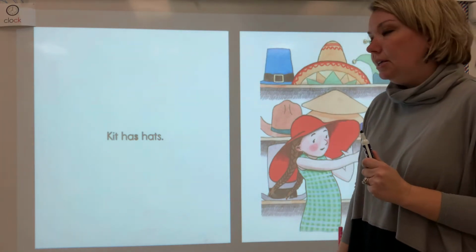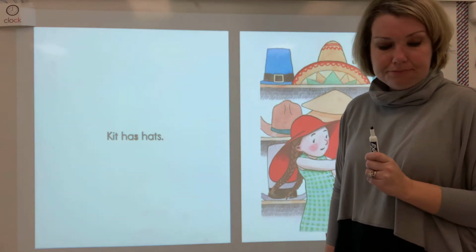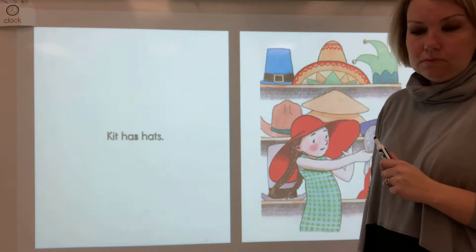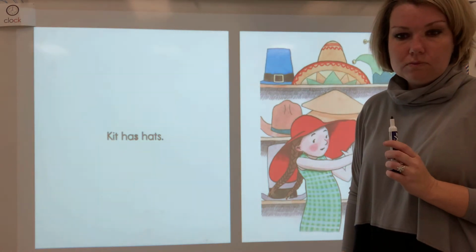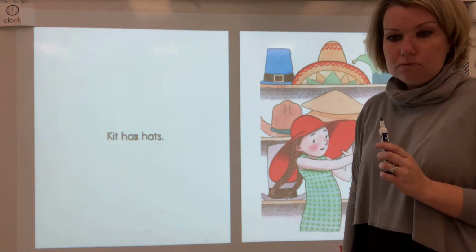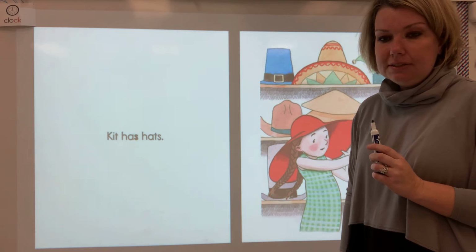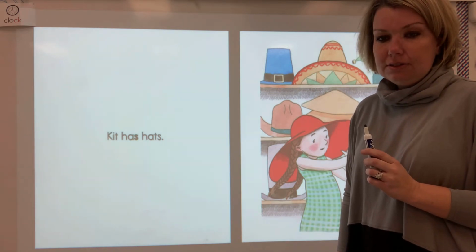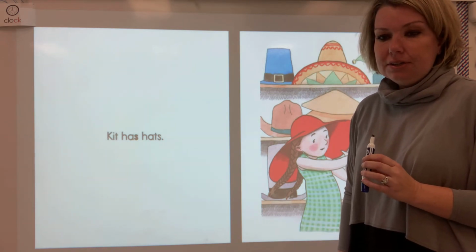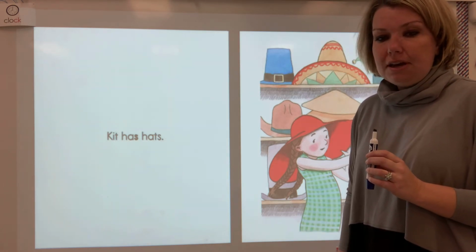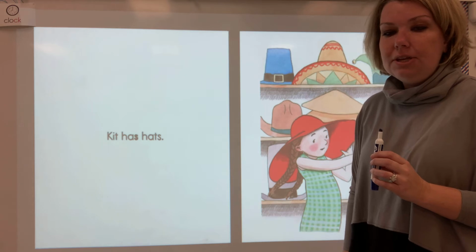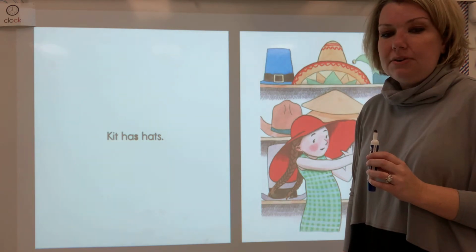Smriti, what did he want us to notice? Smriti? You're not sure? Okay. That's okay. We'll call on a friend to help you out. What do you think the author wanted us to notice?